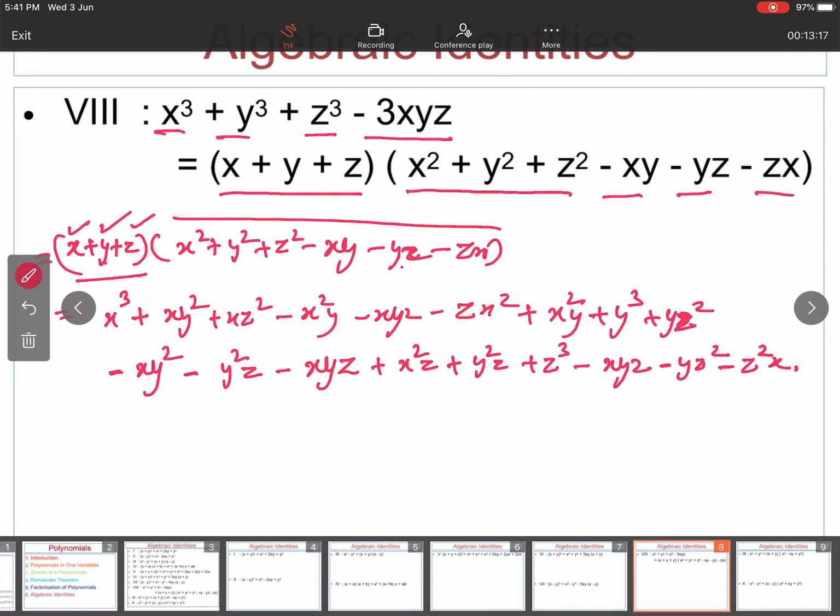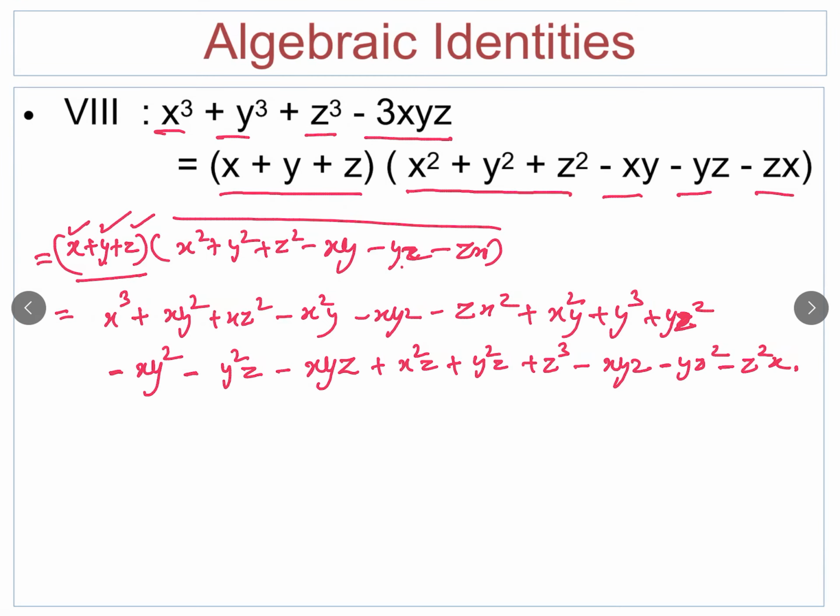Let's change the color of pencil. We have now green. Now you can see this plus xy square will be cancelled out by minus xy square. Now this plus xz square will cancel the minus xz square. Then we have x square y which is in minus, here we have x square y in plus.